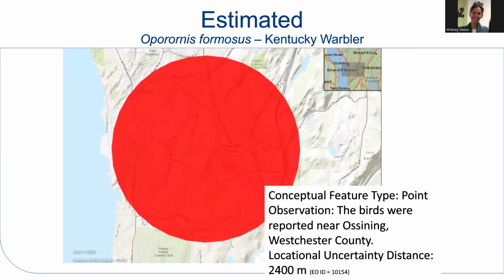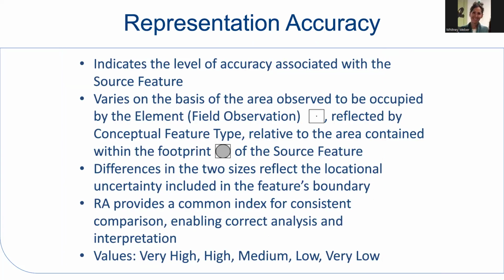I'm just going to go back for a second. When we look at that feature, we have no idea how accurate that is. Looking at it, we can kind of assume that it's inaccurate, but we really don't know, which is why we have representation accuracy to reflect the accuracy of the source feature.